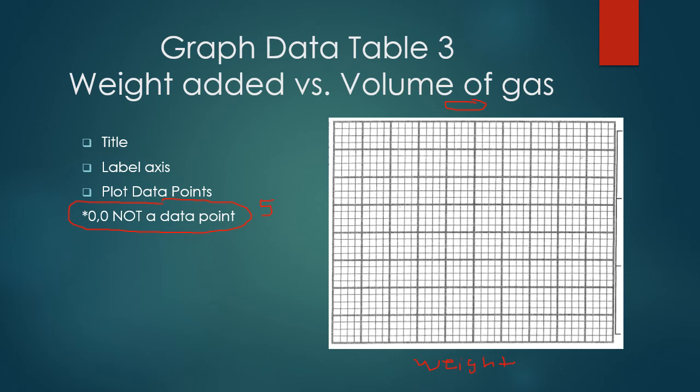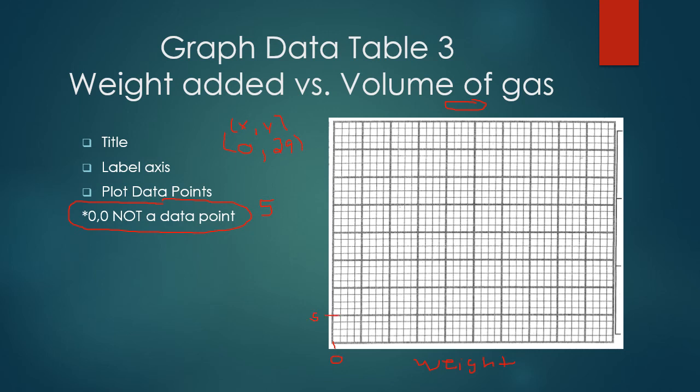So I'm going to go ahead and do the first data point for you. The weight added was 0, and the volume of the gas at that point was 29 milliliters. So to do this data point, it would be 0 on the x-axis. This is my x, comma, y. And then I want to go up to the 29 on the y.